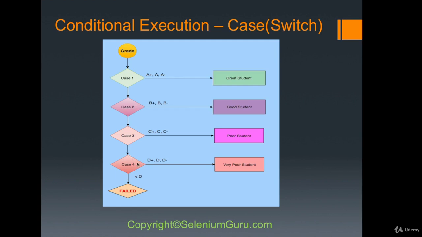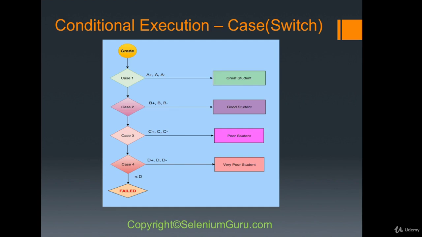Case 4 is D plus, D or D minus, it's a very poor student. Anything less than D, you'll fail the class. So think about it: in this situation, you have to write a lot of if and else if conditional expressions, which is also fine. It also works, but using case or switch, it's a lot simpler.